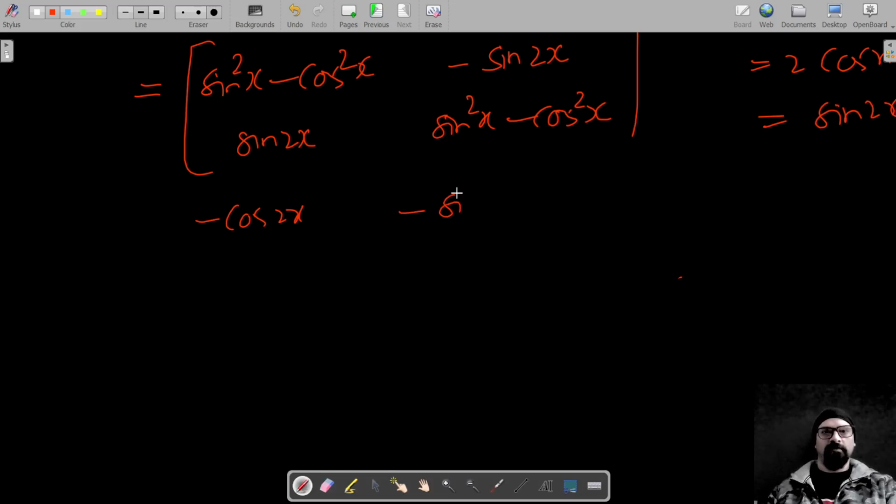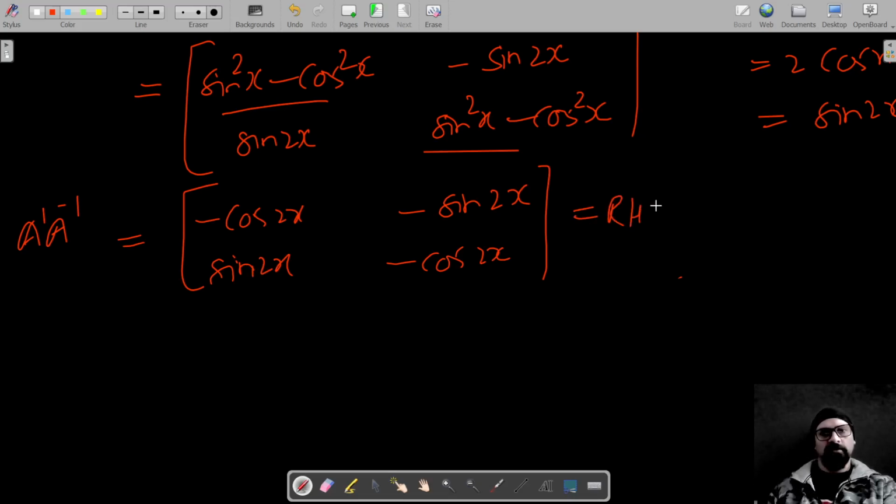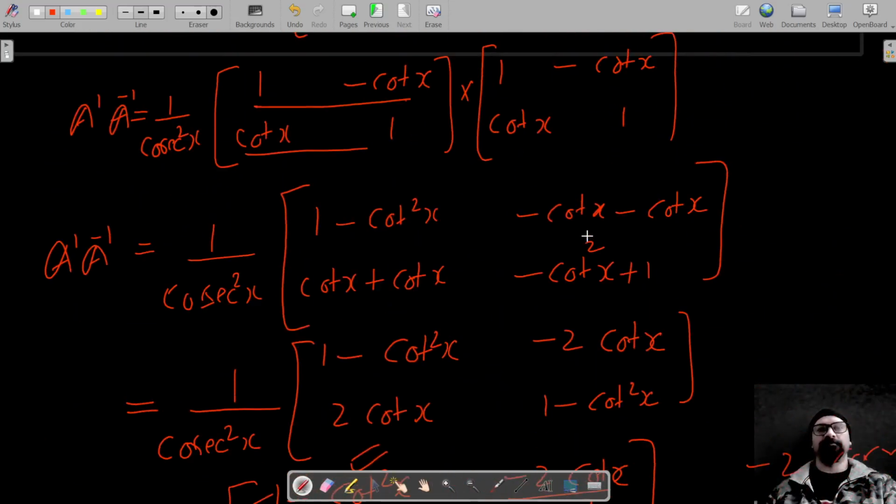This is equal to negative sine 2x. This is sine 2x, and these two are equal. So this is once again also equal to negative cos 2x. So that means the transpose of A into A inverse is equal to negative cos 2x, negative sine 2x, sine 2x, and negative cos 2x, and that is equal to RHS.